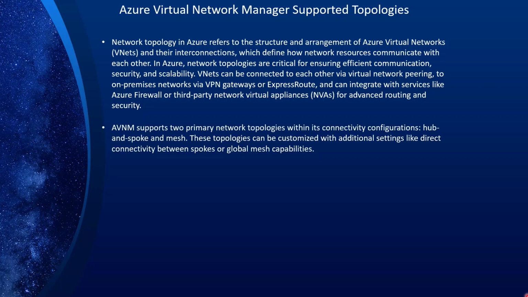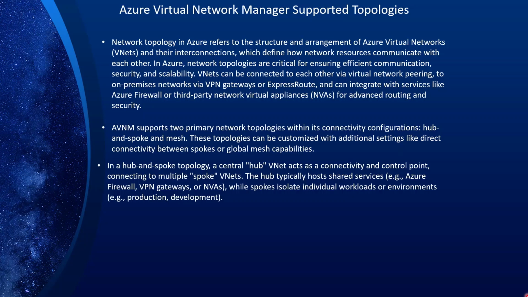AVNM supports two primary network topologies within its connectivity configurations: hub and spoke, and mesh. These topologies can be customized with additional settings like direct connectivity between spokes or global mesh. We'll be talking about those a little bit later.